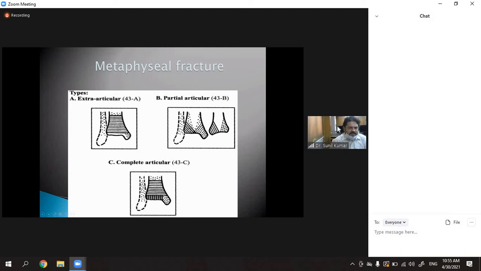And then partial articular fracture, some part of the fracture is communicating with the joint. And complete articular, the fracture goes completely into the intra-articular region. It will be the C for the metaphyseal fractures. 4 is the tibia, 3 is the distal portion, A is the extra-articular, B is the partial articular, C is the complete articular.